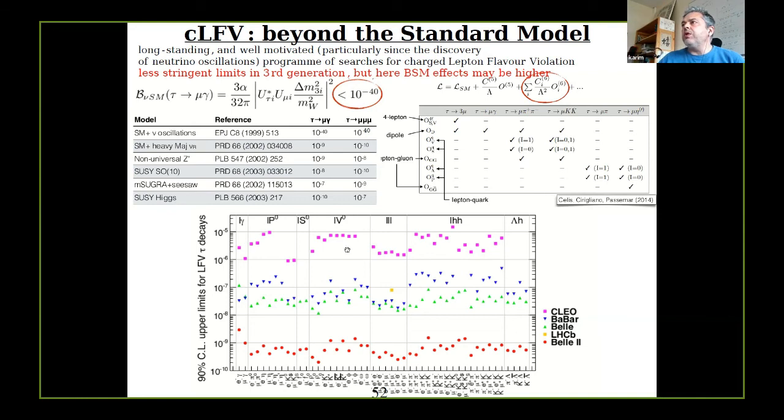And here, the B factories have a role completely in this field, and have unfortunately not seen any signal until now, but have probed many possible final states. You see here all the effort made from the mu gamma, 3 muons I was talking about, but also many other combinations.